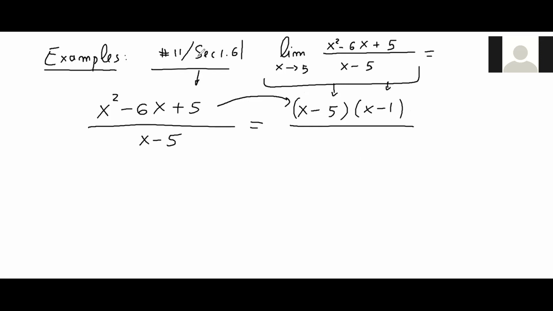And so you can easily figure out that the factors of 5 are 5 and 1, or negative 5 and negative 1, things like that. And then the second thing is you want the ones that you subtract here to add up to negative 6, and they add up to negative 6. So their product has got to be 5, and their sum has got to be negative 6. So yeah, that's x minus 5, x minus 1. That's the only option.